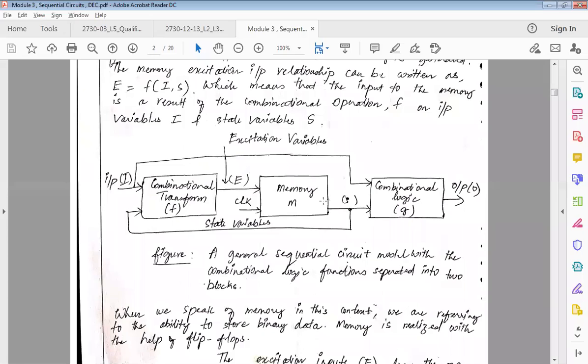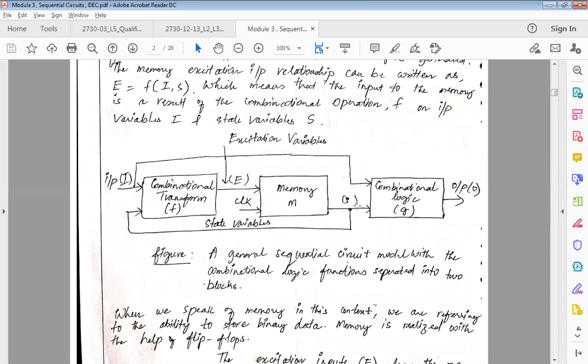Whatever is my state variables, the output of memory, will also get inside combinational logic. So which means memory and combinational logic are connected to each other. The output of memory is connected to the input of combinational logic here as well as here.